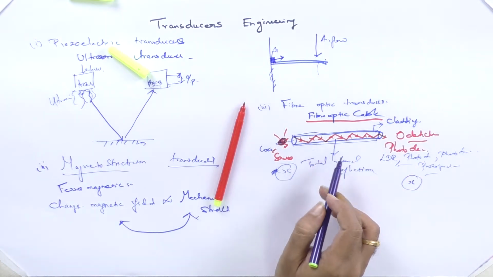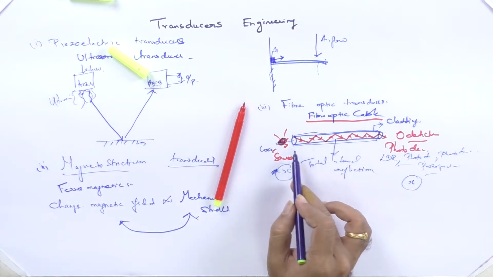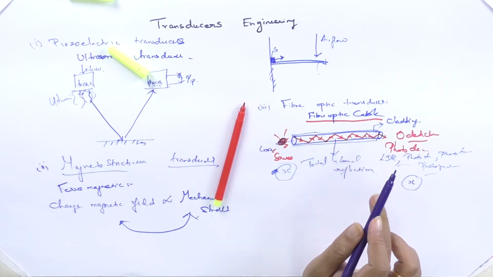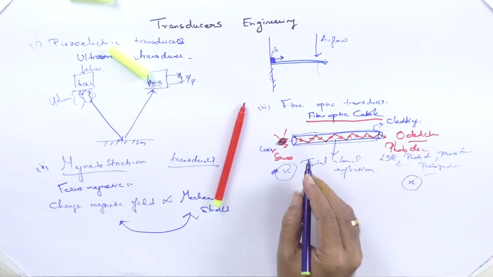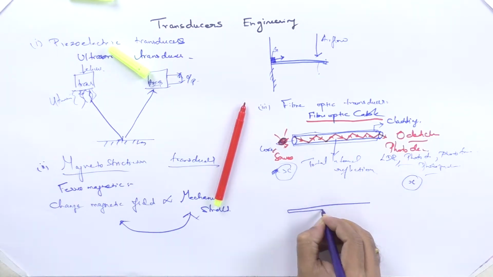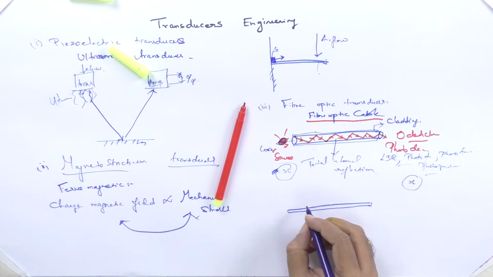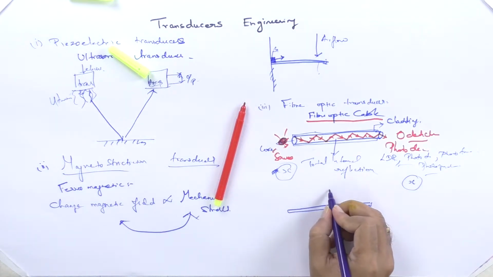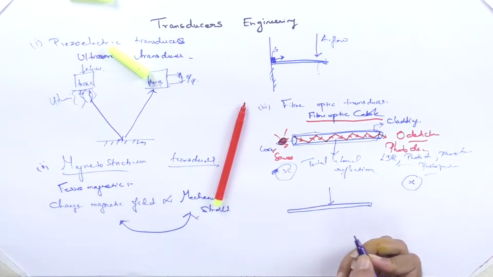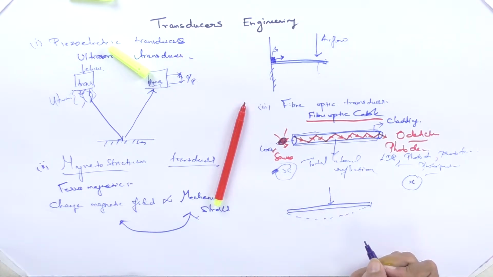But we are going to exploit this property to convert this cable into a sensor. Now imagine the same kind of cable, a fixed cable, and you apply a pressure. There will be a bend happening in the fiber optic cable.